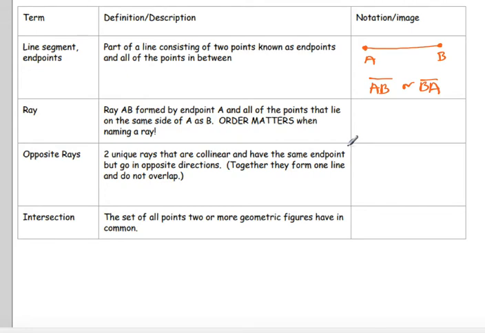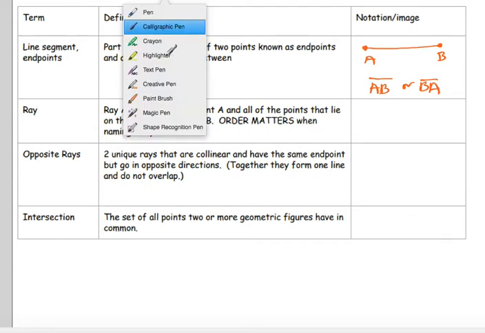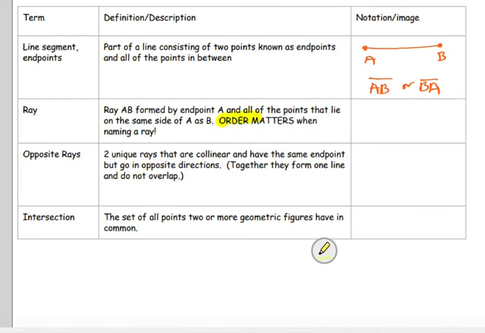A ray. Ray AB is formed by endpoint A, and all of the points that lie on the same side of A as B. Order matters when you're naming a ray. So, very important to keep in mind that the order matters for a ray. I would say rays are the ones that people get the most confused with.